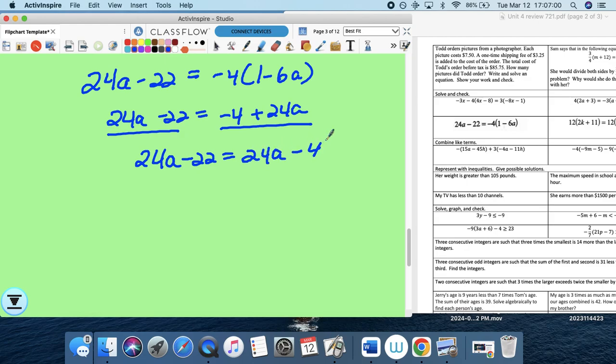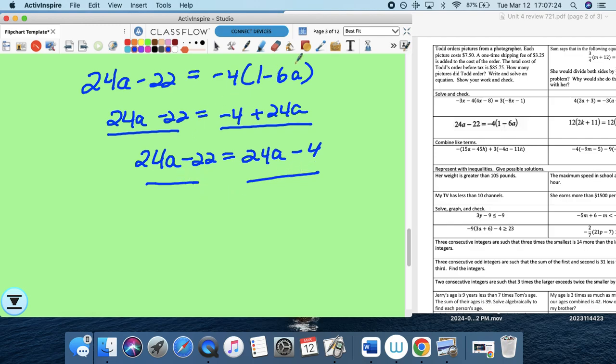So on the left side, we're multiplying 24 times a number and then subtract 22. On the right side, we're multiplying 24 by that same number, but subtract 4. So there's actually no way that this will ever equal this. Although we're multiplying 24 by the same number, one side I subtract 22, the other side I subtract 4.